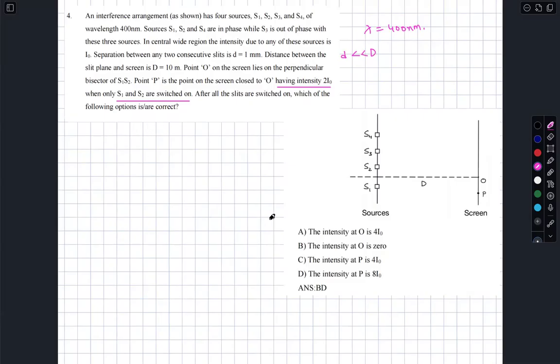Hold on. Forget about the entire question. You choose only S1 and S2. Now, try to please understand. These are your slits. I am not at all touching the other parts.